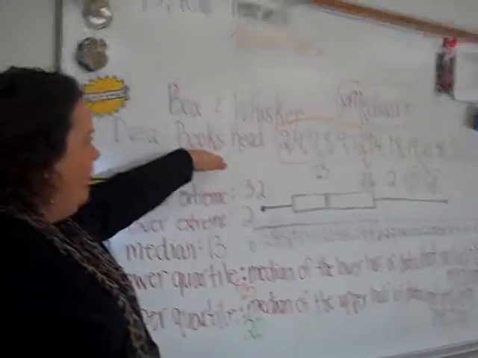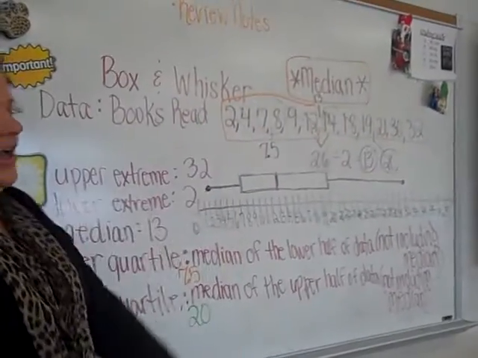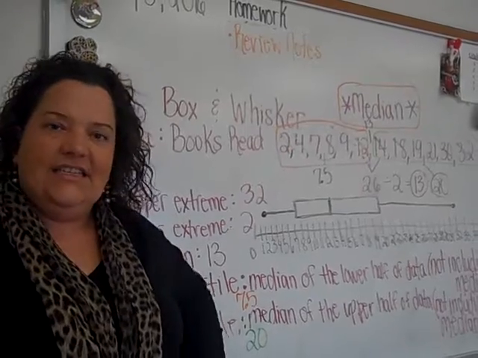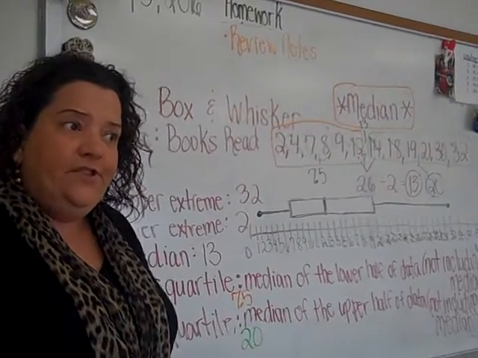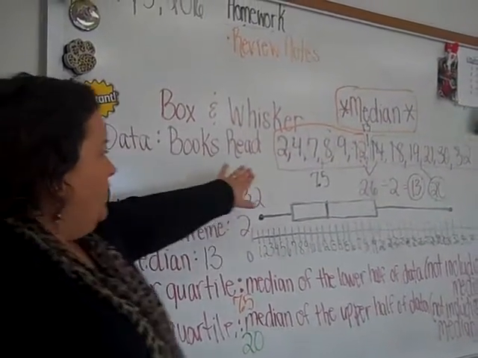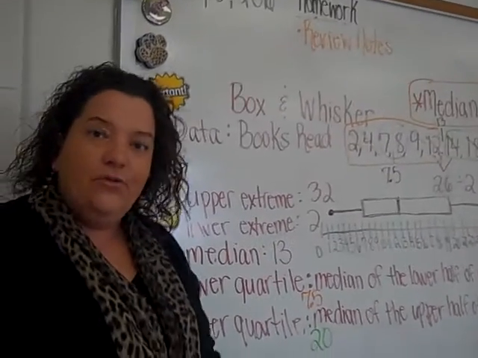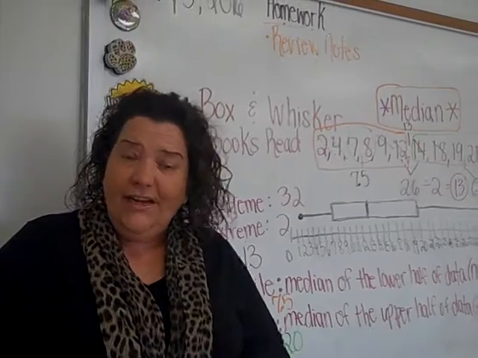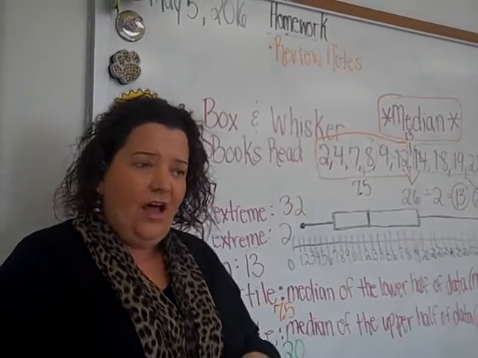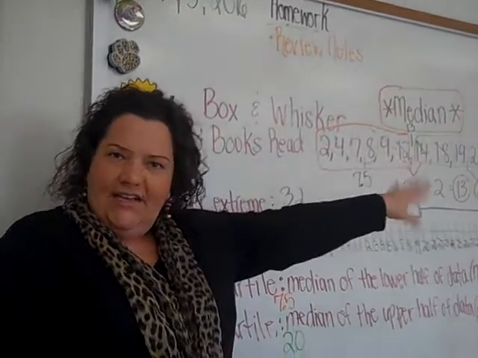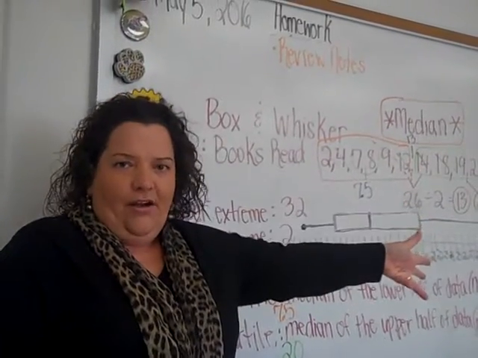Here we have the results of a survey. I asked a statistical question to 12 students, and I recorded the responses. The statistical question I asked was, how many books did you read? I recorded each of those answers on the board.